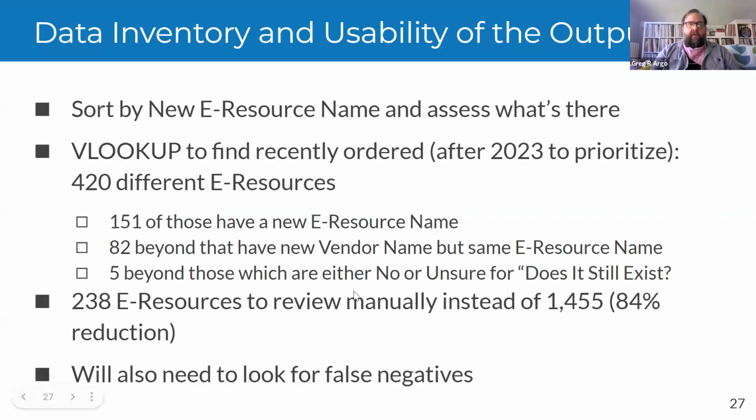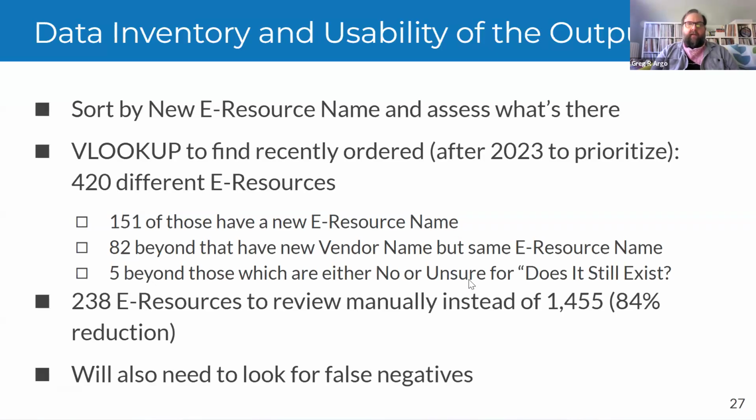And then 5 beyond those, which are either a no or an unsure for does it still exist. We had 238 e-resources to review manually instead of 1,455. That's an 84% reduction. But we also will need to look for false negatives, so things that weren't turned up by AI or that it may have missed.